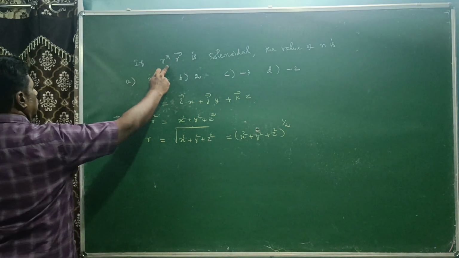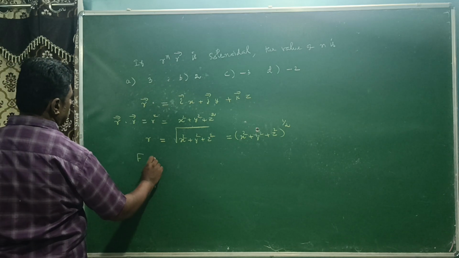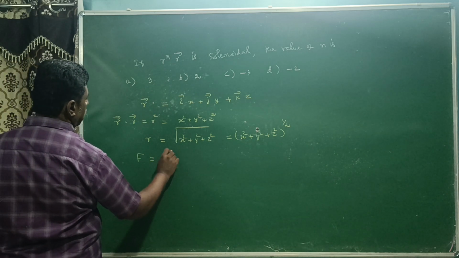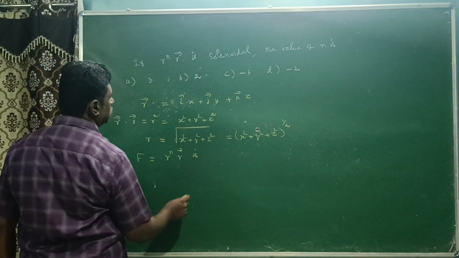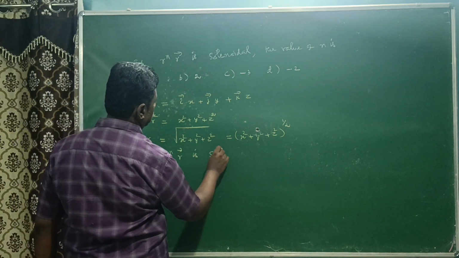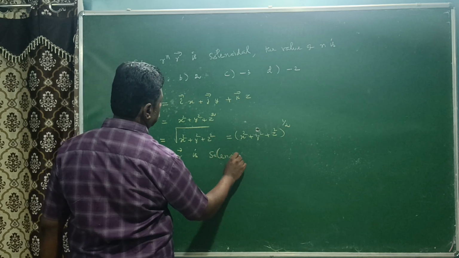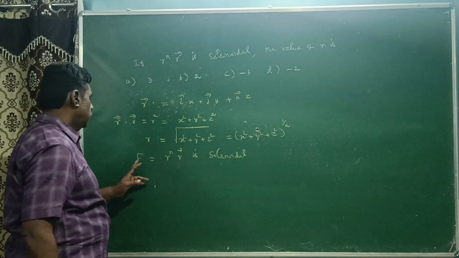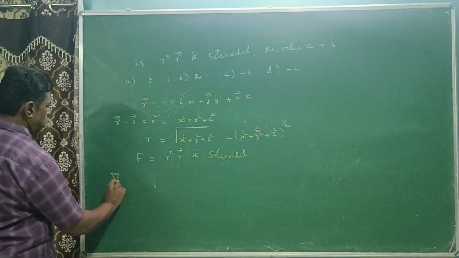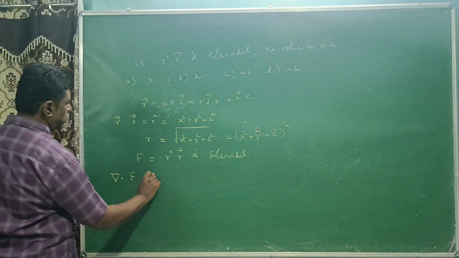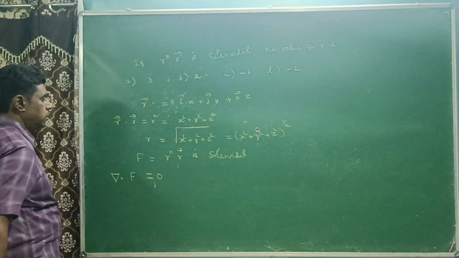In the given problem, F is equal to r power n into vector r, which is solenoidal. The vector F is solenoidal, therefore the solenoidal condition is del dot F is equal to 0.